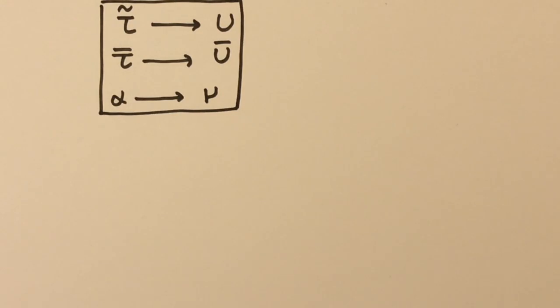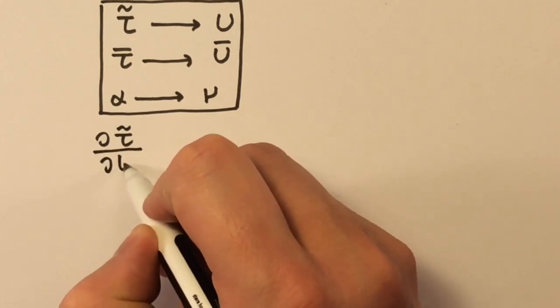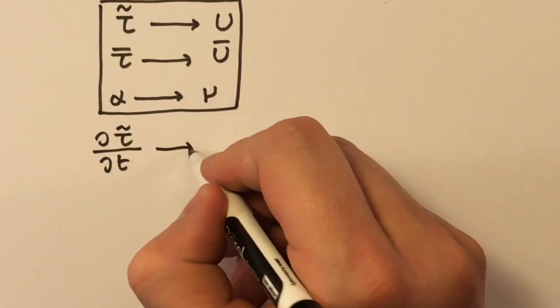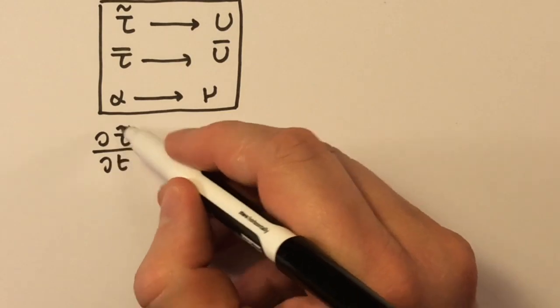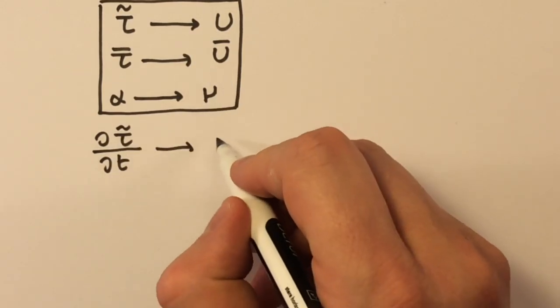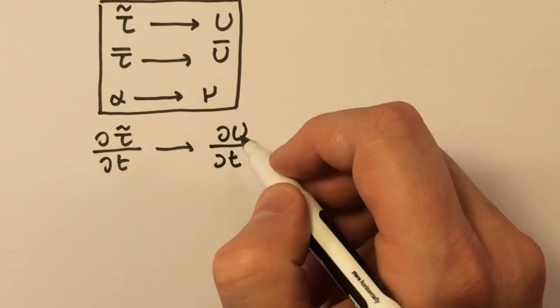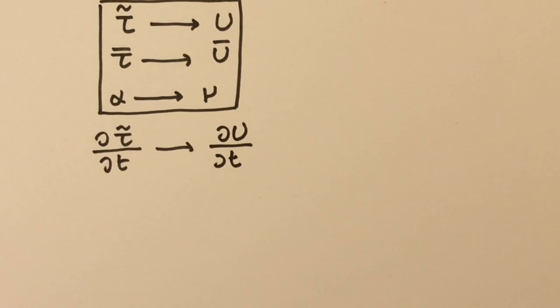So if there's a full analogy, and in particular we have that the partial tau partial t, the term that's proportional to the change in internal energy at each point, is analogous to partial u partial t, the acceleration in the Eulerian sense.